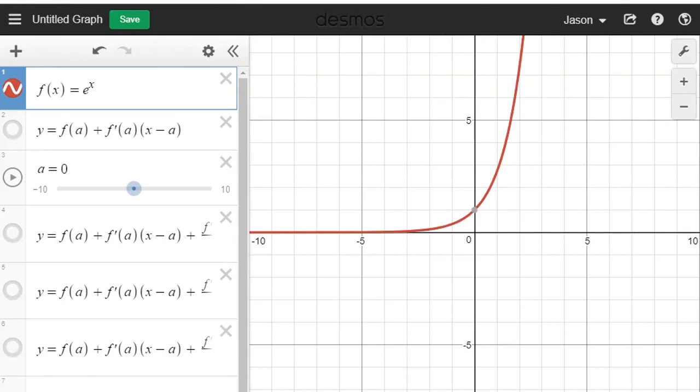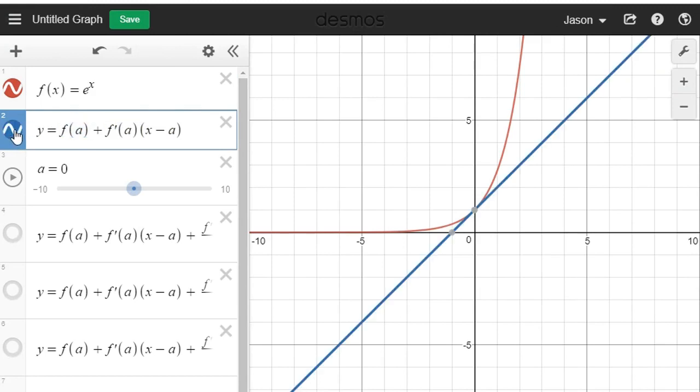One of the reasons why I wanted to emphasize why they put f of a in front is as we move along, we won't only have things like linearizations, but we'll also have things like quadraticizations, cubicizations, quarticizations of functions.